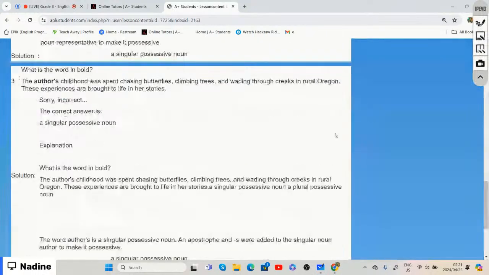The author's childhood was spent chasing butterflies, climbing trees, and wading through creeks in rural Oregon. These experiences are brought to life in her stories.